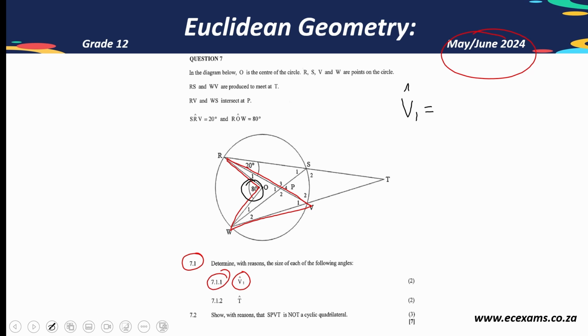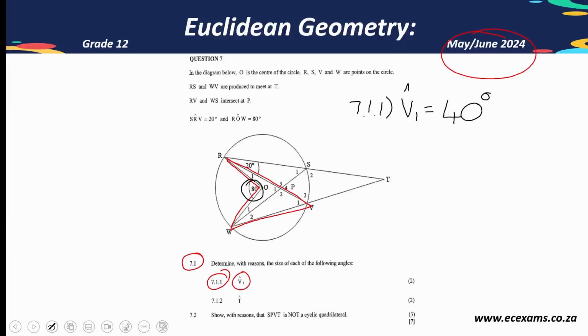In other words, if O1 is equal to 80 degrees, that tells me that angle V1 is going to be equal to 40 degrees.